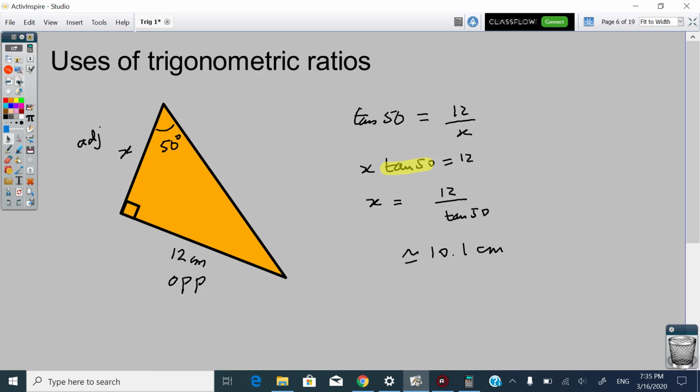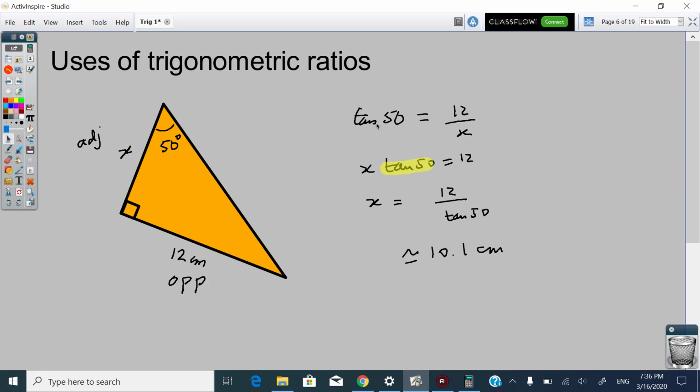So how do we use these? Let's consider this right angle triangle with this angle being 50 and this is 12 centimeters long. And let's say that we want to find this length x. Now, as far as the 50 is concerned, this is the opposite, and this is the adjacent.